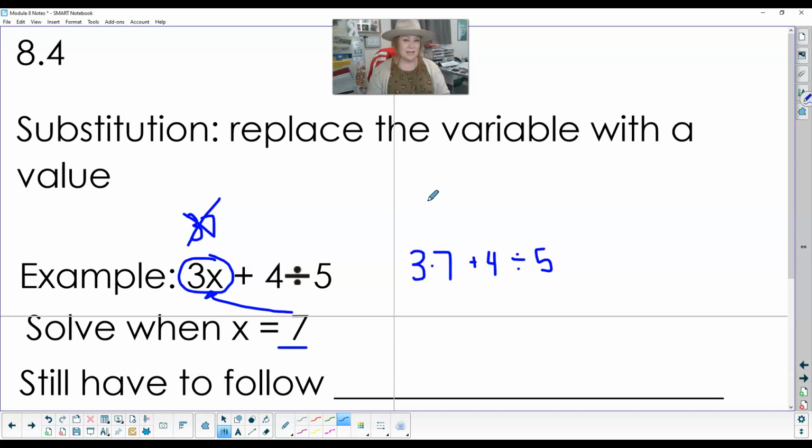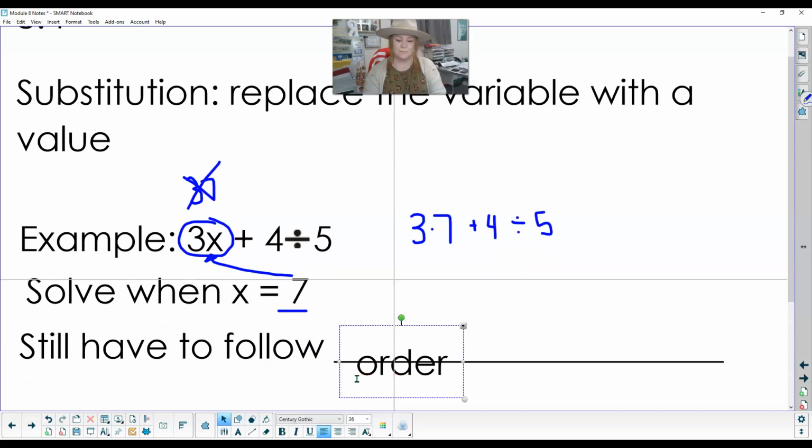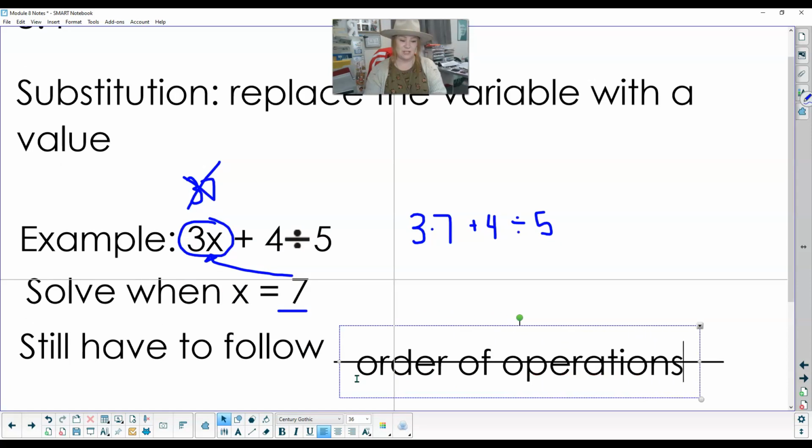In a language arts class, when you first start out, it might say use a capital and a period to write a sentence. Now when your teacher just says write a sentence, you know that you need that capital and that period because those are the rules of English. So even if it doesn't say use order of operations, you still have to follow order of operations.